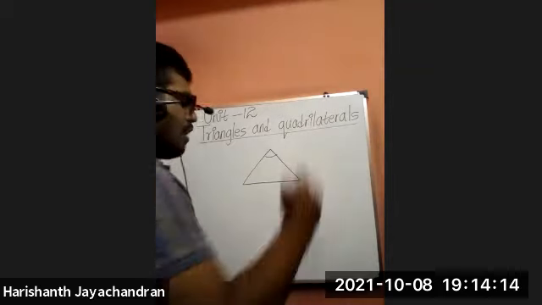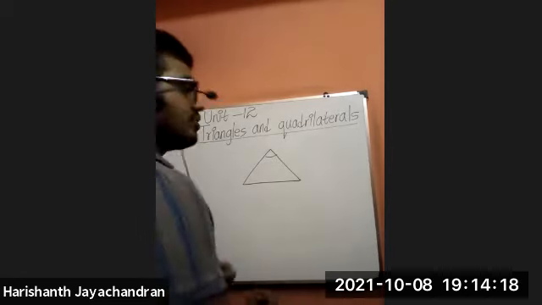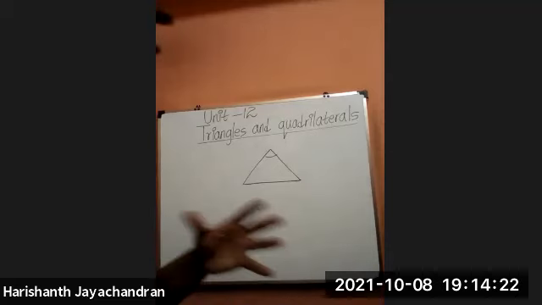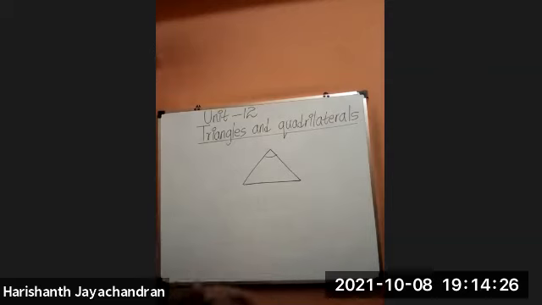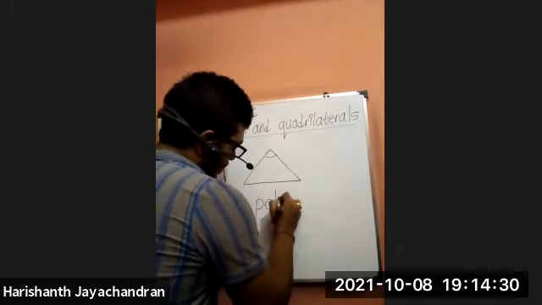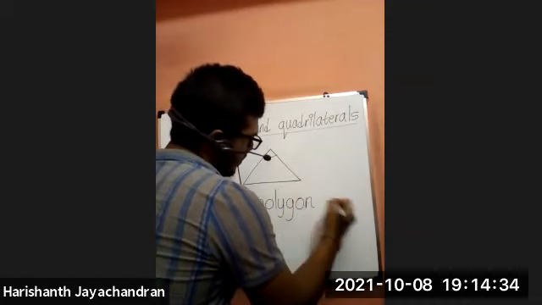So now I'm going to introduce another term which y'all need to know. Most of y'all wouldn't have that much idea regarding this term. You would have heard the term polygon.